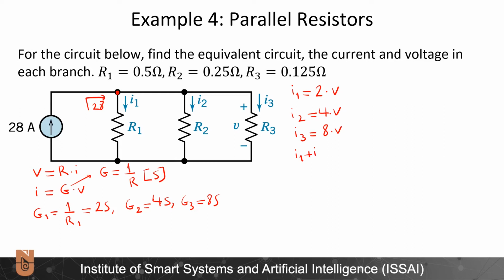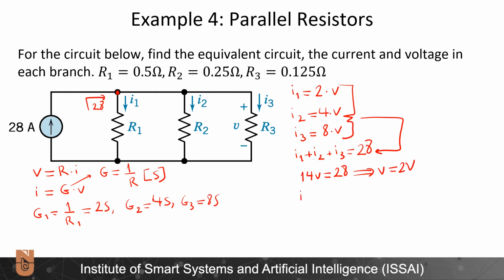I1 plus I2 plus I3 is equal to 28. If I use these equations and put them inside this last Kirchhoff's current law equation, I end up with 14V is equal to 28. From here, I find V is equal to 2 volts.